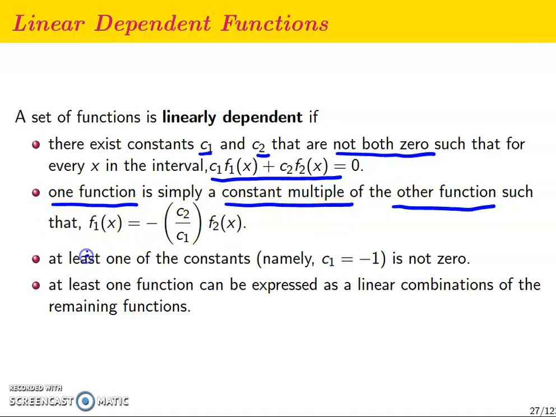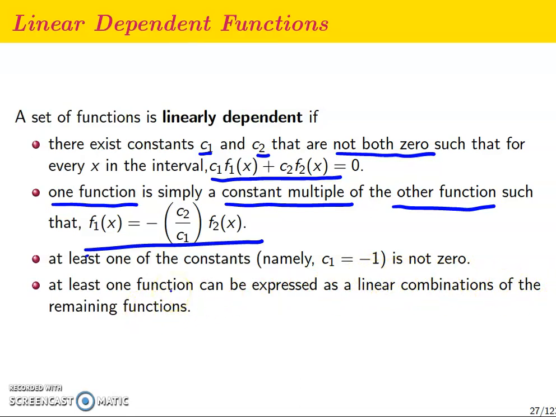If we can write it in this form, then we say linearly dependent, and at least one of the constants, namely c1 equals minus 1, is not 0.